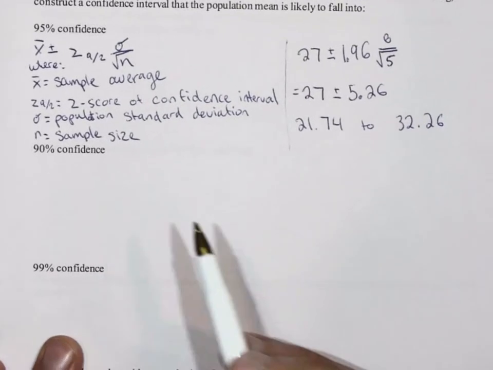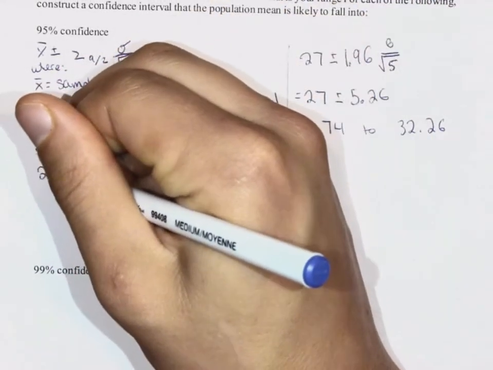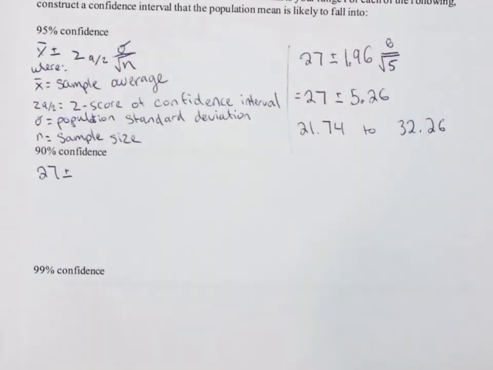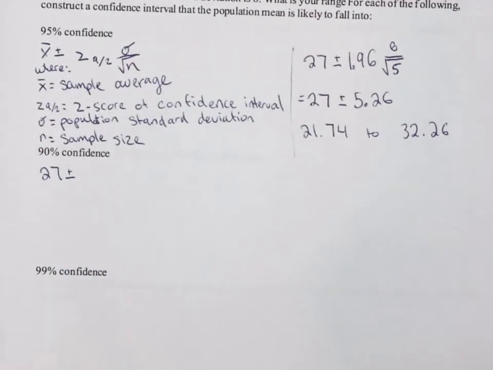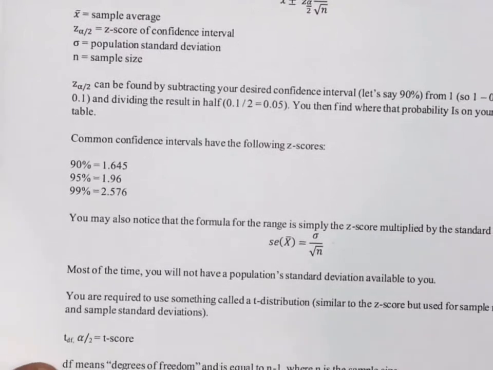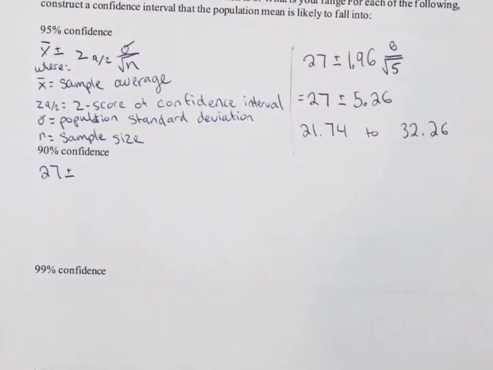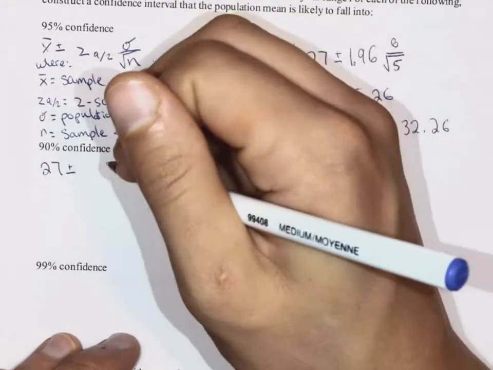So with a 90% confidence, 27 plus minus, here in our formula sheet, 1.645. So we have a lower confidence rate, meaning we are okay with being 10% wrong here.